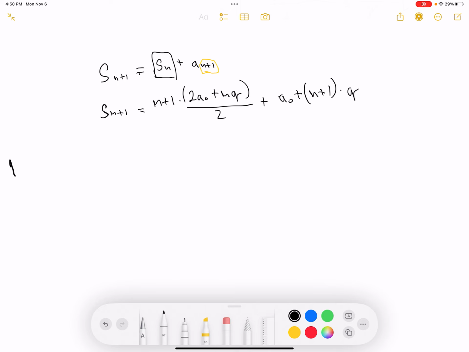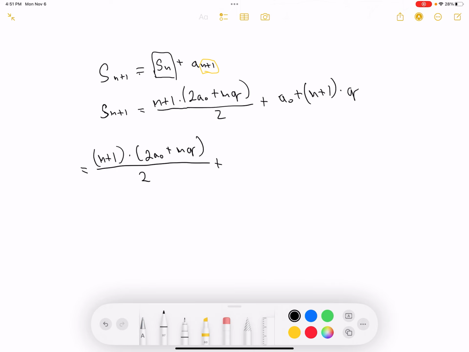I can put everything under this umbrella because n plus 1 over 1 times 2a0 plus nq is the same as simply putting it all together. So we can just do that: n plus 1 times 2a0 plus nq over 2 plus, and what do we do with this?